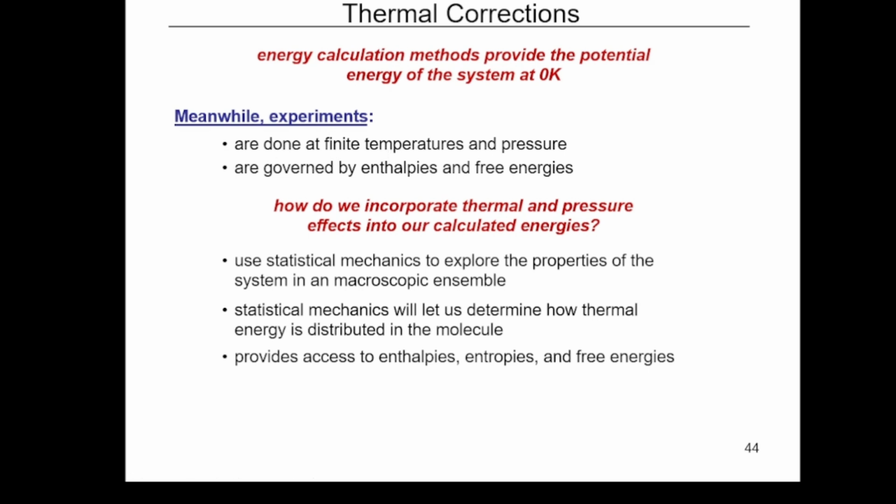If you talk about room temperature, which is generally considered as 25 degrees Celsius or 298 Kelvin, and the pressure is 1 atmosphere, these experiments are governed by enthalpies and free energies. The question arises: how do we incorporate thermal and pressure effects into our calculated energies?